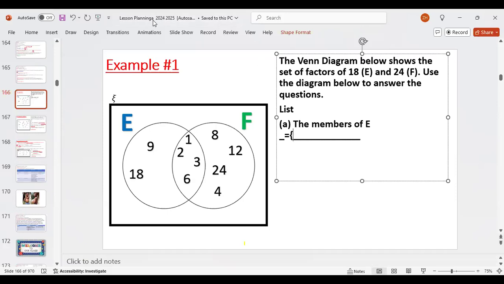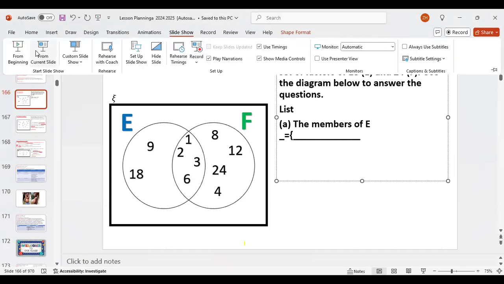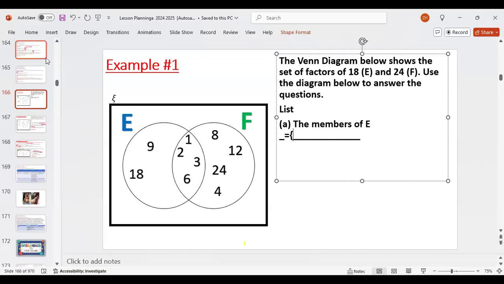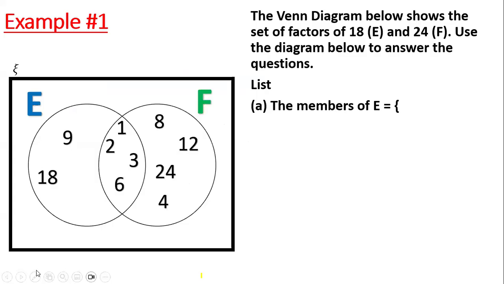And let's list the members of E. Now, members of E are also going to be the factors of which number? 18. Very good. What are the elements in E? Let me circle it. E is going to be all of this, which is also the factors of 18.